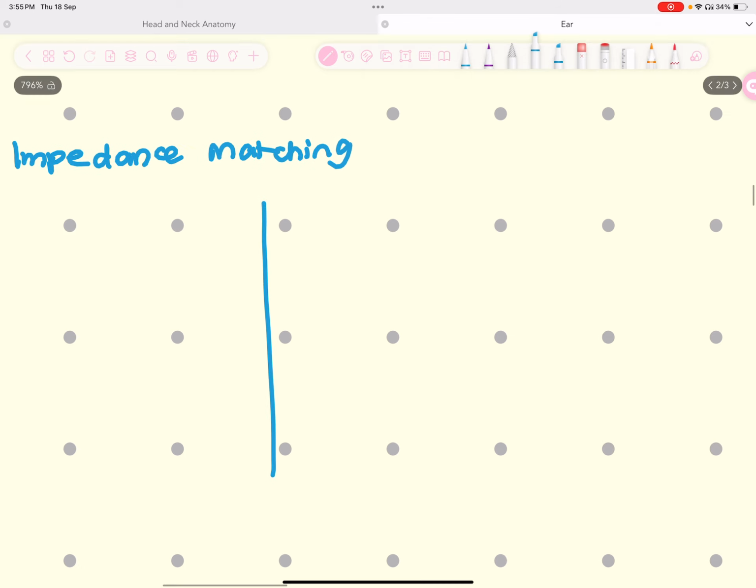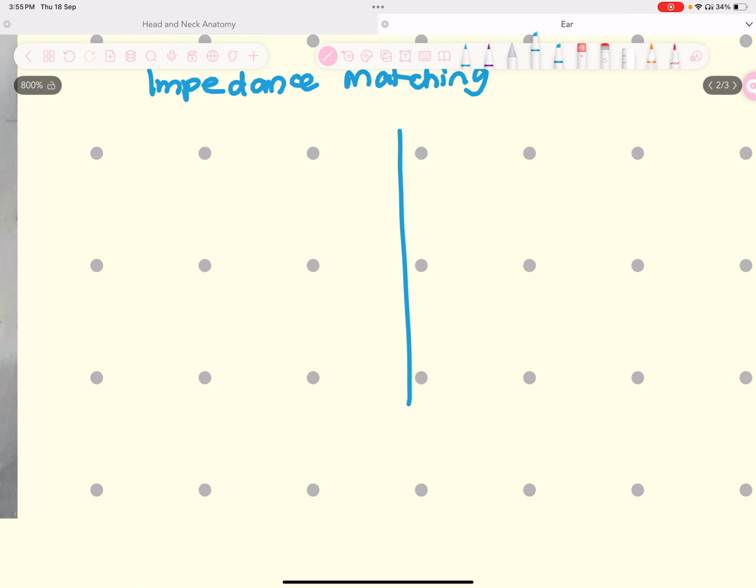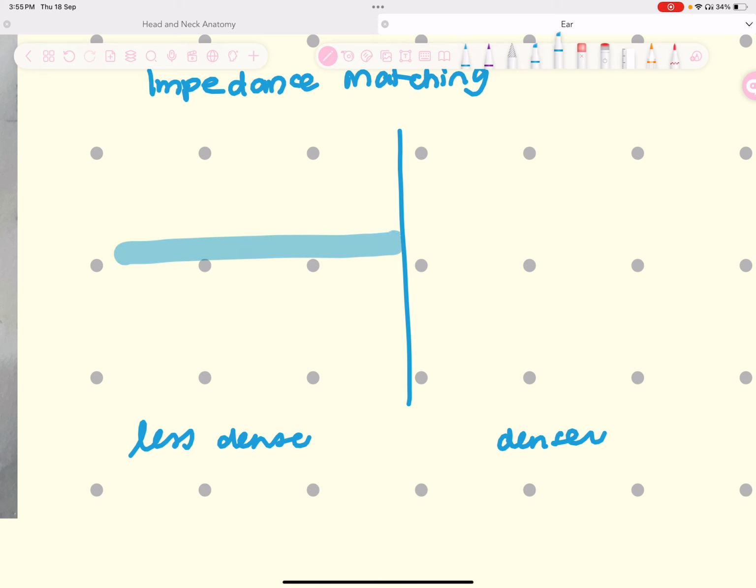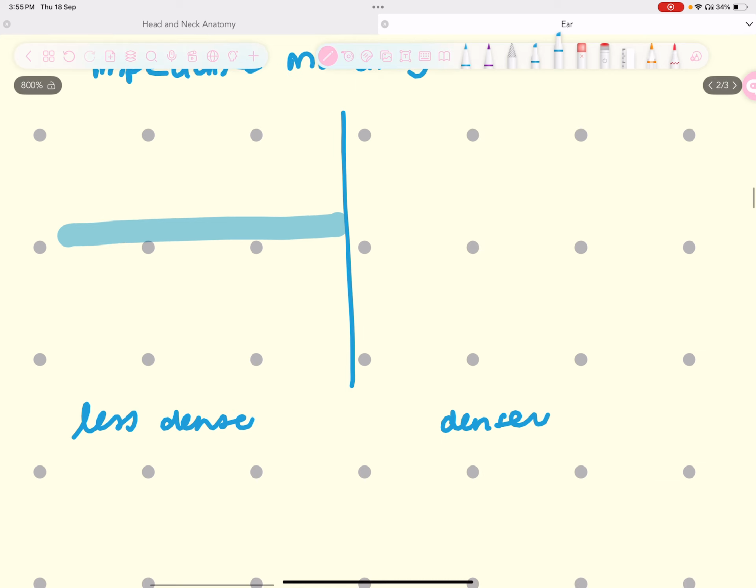Whenever the sound is traveling from a less dense medium to a denser medium, so what happens normally? For example, this is sound, traveling from a less dense medium to a denser medium.